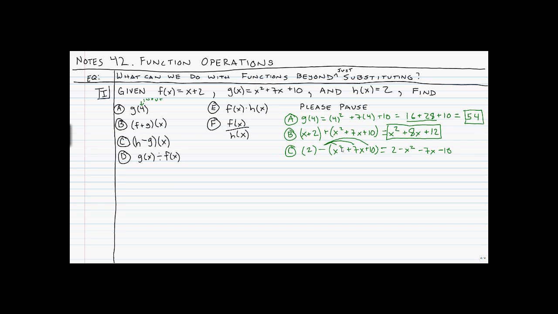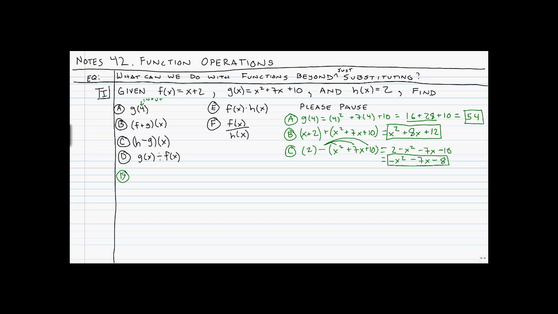Each one gets a minus: minus times x squared, minus times positive 7x, minus times positive 10. For our final answer, going from highest degree to lowest, we get negative x squared minus 7x, those being the only x squareds and x's, then 2 minus 10, which is negative 8. So nothing really difficult so far, pretty simple operations. Okay, let's move on to D.